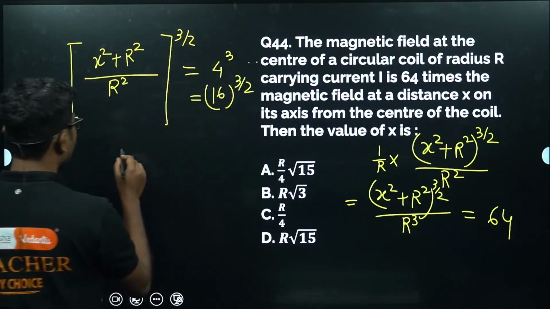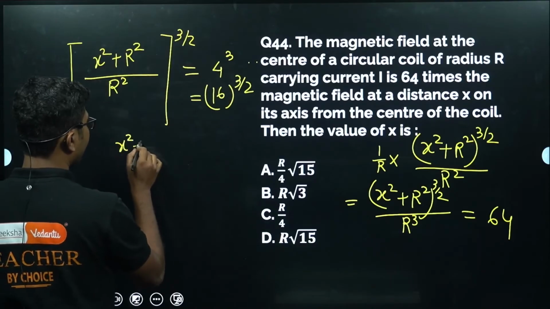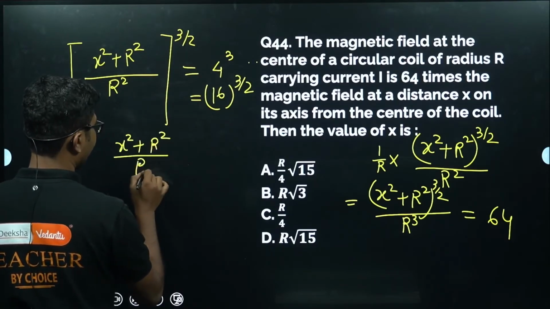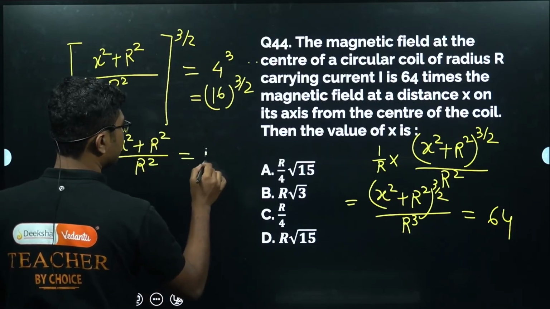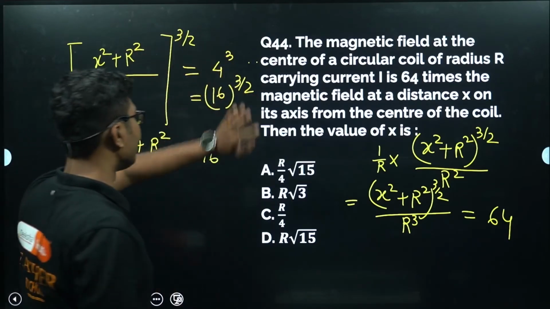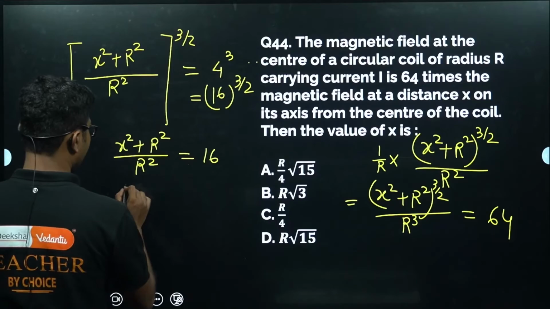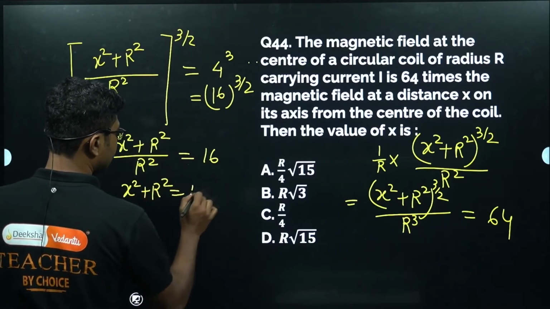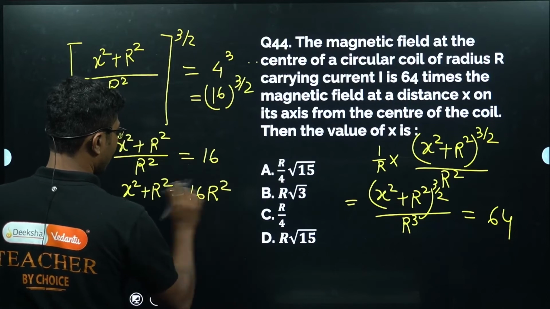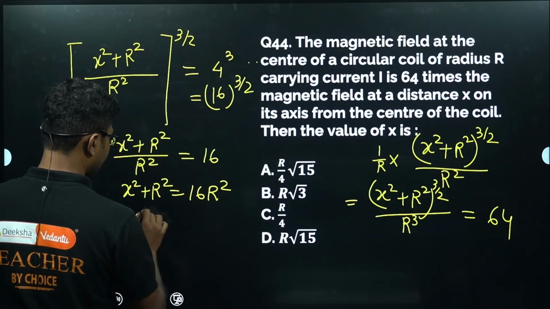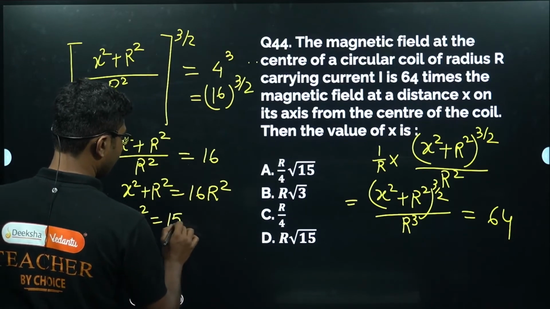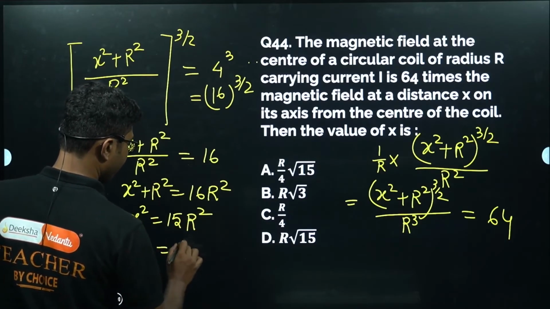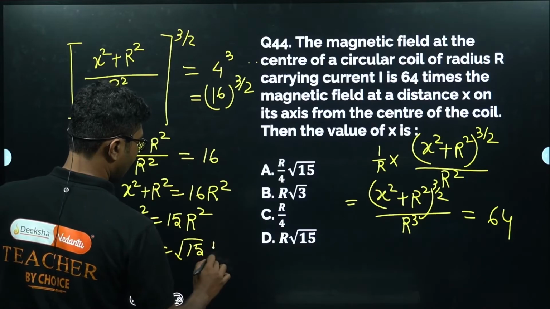So, the thing will become x square plus r square divided by r square equals 16. So, the 3 by 2 now cancels. So, x square plus r square equals 16 r square. Take it to the other side, so x square is equal to 15 r square, or x equals square root of 15 r.